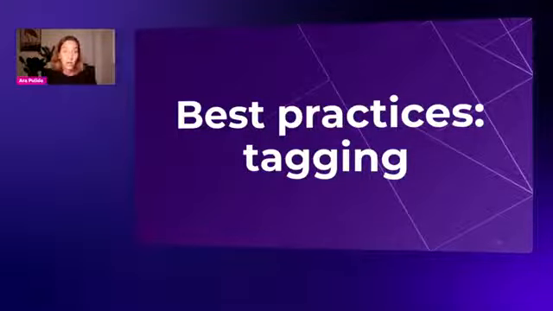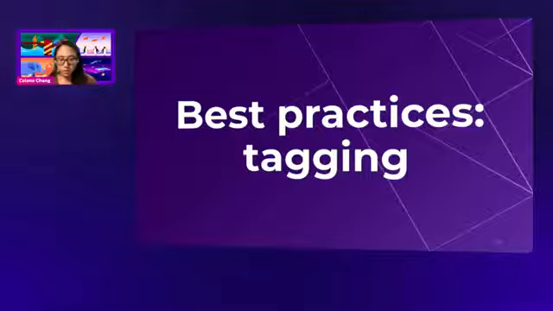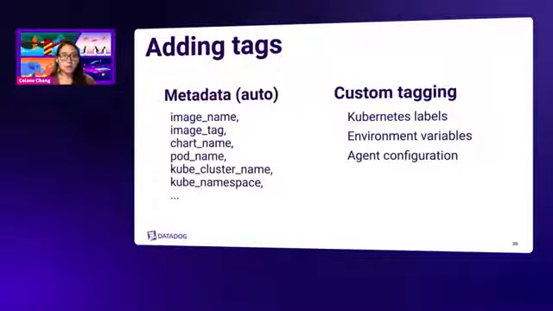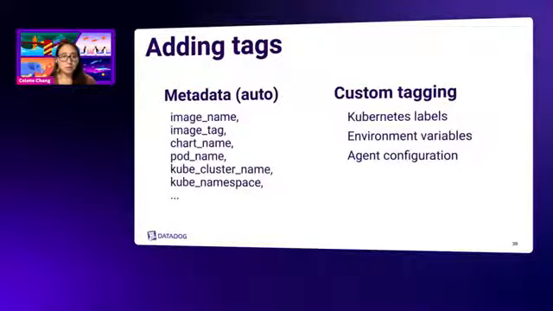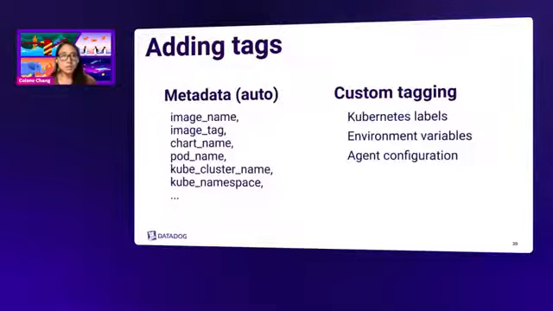So first of all, how do you, for example, add tags to those data points? Yeah, sure. So in Kubernetes, there are a few different ways to get tags. We actually collect several automatically via the metadata that's available, such as your image tags, your pod name, your cluster name, and namespace. And it's also pretty easy to set up additional custom tags.